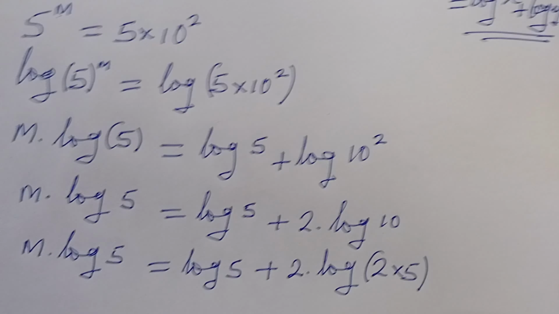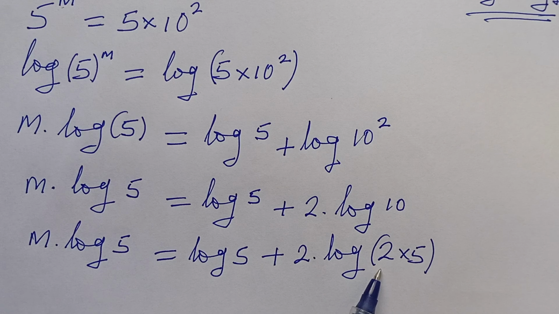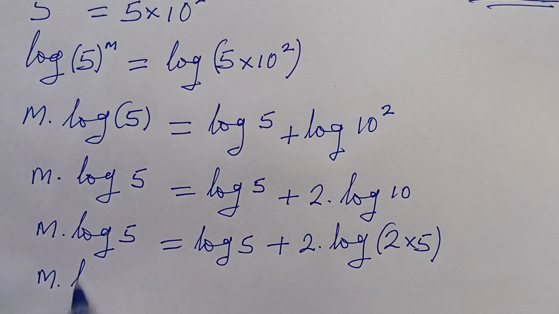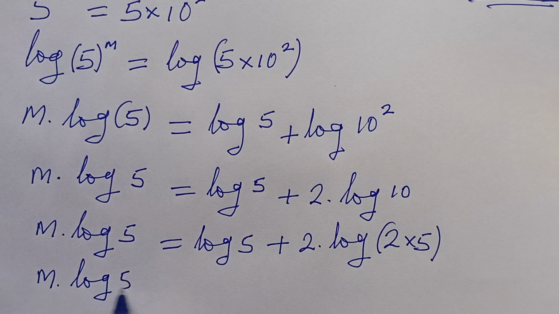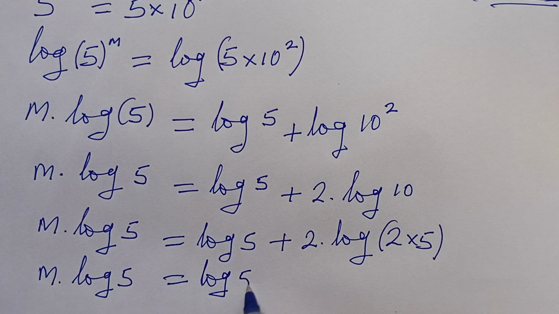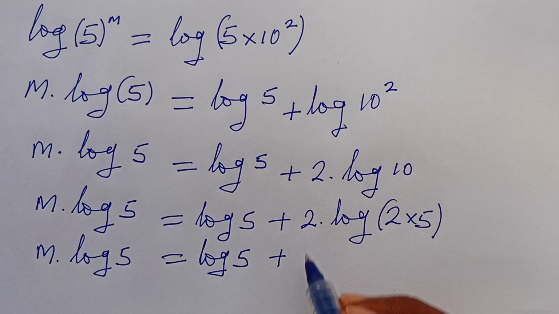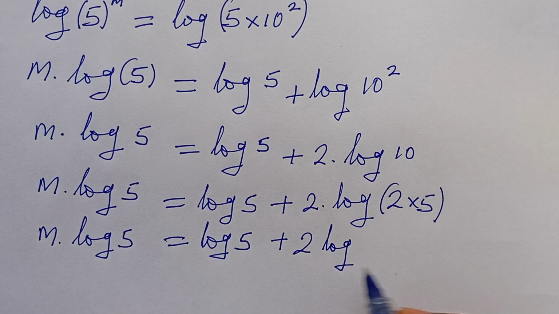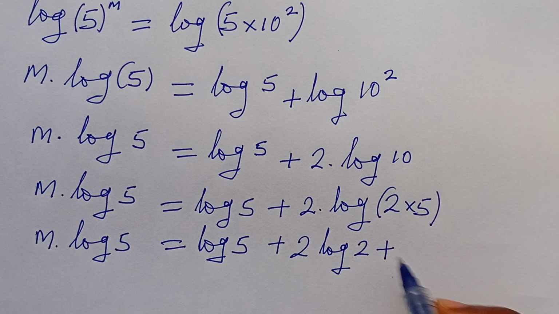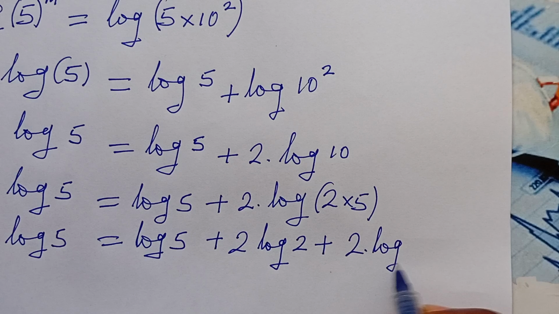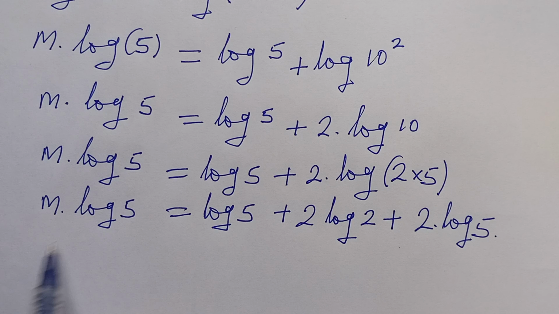Wow, this is wonderful. We apply the multiplication law to this again. So this is going to give us m times the log of 5 equal to the log of 5, plus 2 times the log of 2, plus 2 again times the log of 5. And so we're going to divide both sides by log 5 here.